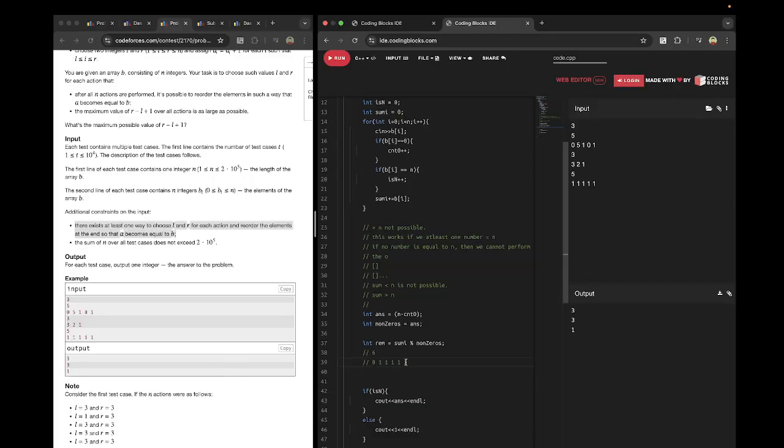Let's say 5 is present here. Now I can do this guy 5 times, and I can do these guys 1 time.